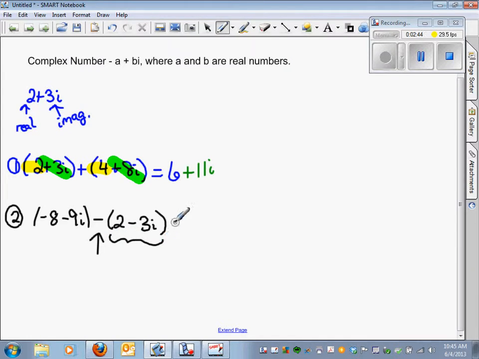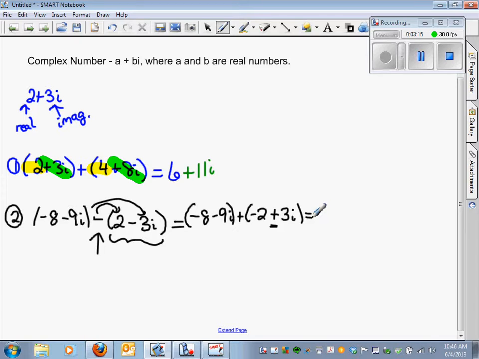I would first of all rewrite this as -8 minus 9i plus, distribute the negative, -2 plus 3i. The positive here came from a negative distributed to a negative. Addition is much easier for us to consider than subtraction, and we tend to make fewer sign mistakes if we go ahead and distribute that negative through to the second set of parentheses.